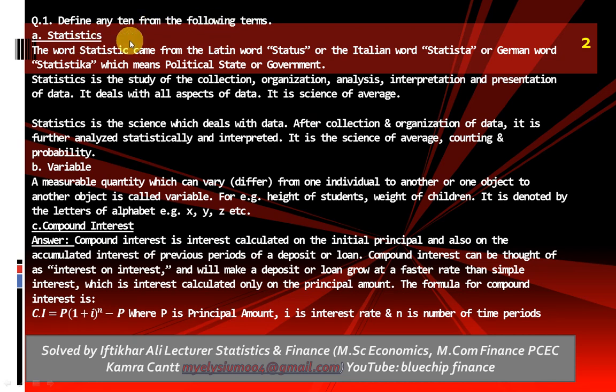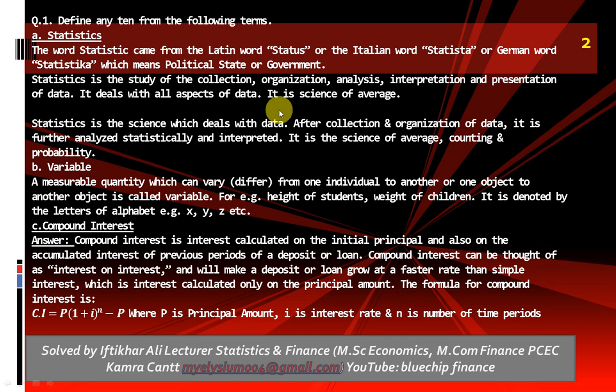So the first term is statistics. A lot of time we have already discussed this question: statistics is a subject of applied mathematics in which we collect, organize and analyze, interpret and present the data. It deals with all aspects of the data.